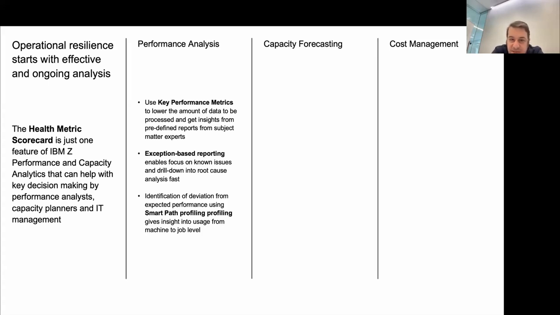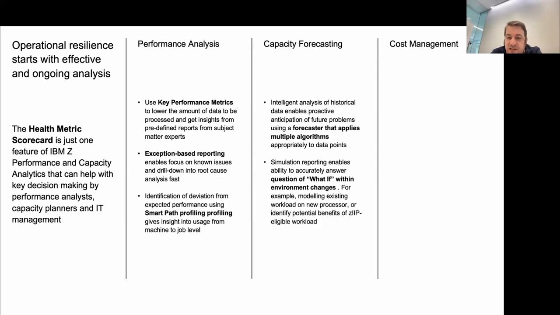Our KPM reports help lower the amount of data that needs to be collected and give you the right information. The exceptions can identify trends and help you get to looking at the right problems. And we can also use smart path profiling to give you better insights from usage, from the machine level right down to job levels.